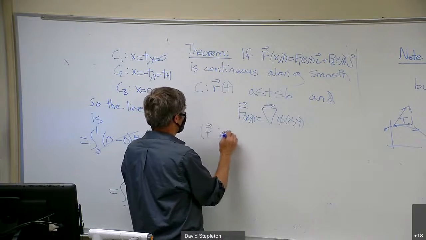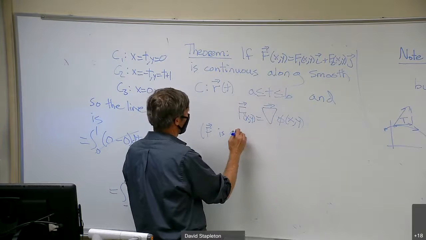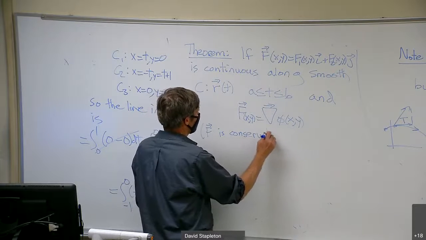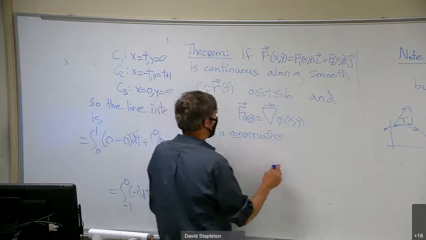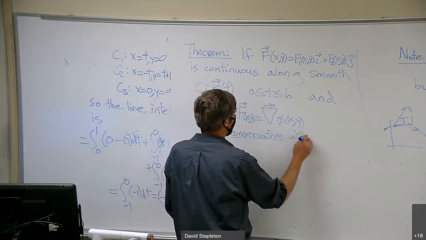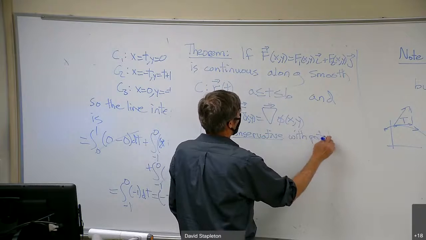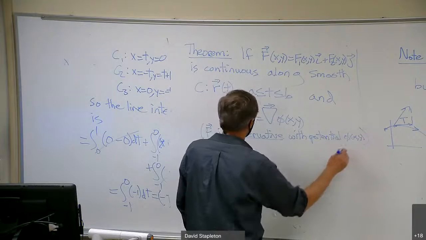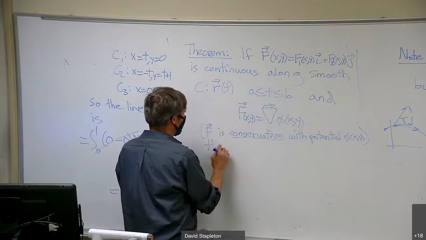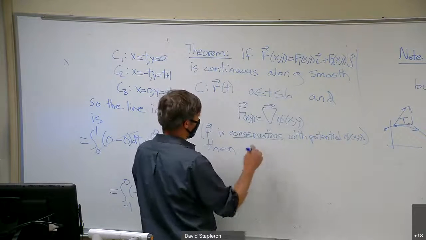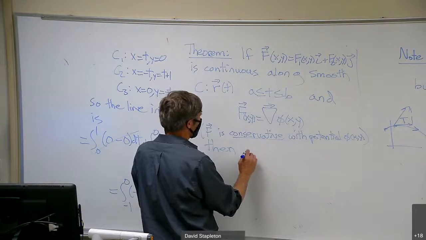So if f is conservative and continuous along a smooth curve, that was the definition of conservative. Then this actually isn't too hard to prove for the common case.